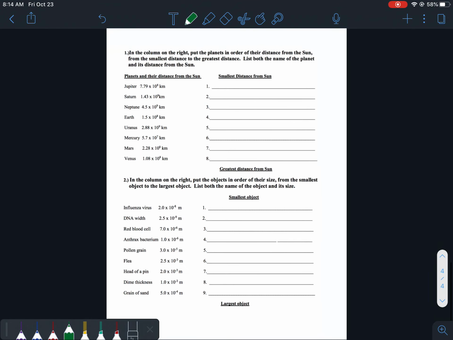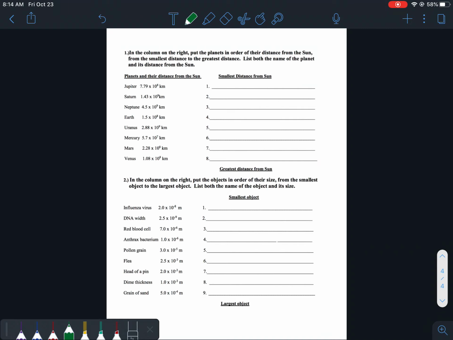For your activity for today, I want you to complete these two activities. So you're going to order the objects from largest to smallest, or smallest to largest, right? Here we have one about planets and the distance from the sun.